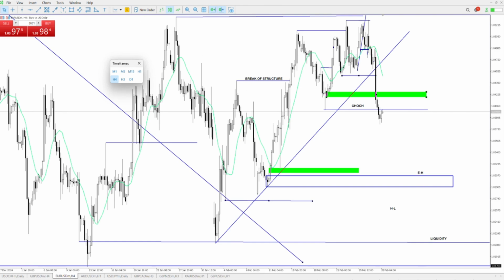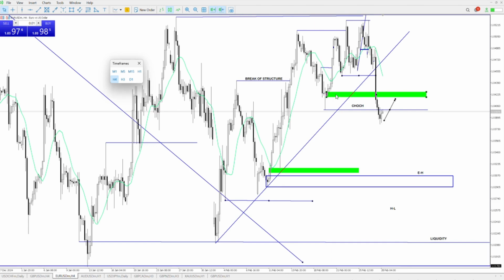Now let me just use an arrow to indicate what I'm expecting. After the break of character, price has already confirmed that it's heading towards the downside, right? However, if you are looking forward to short Euro USD, you will have to look for a perfect entry.